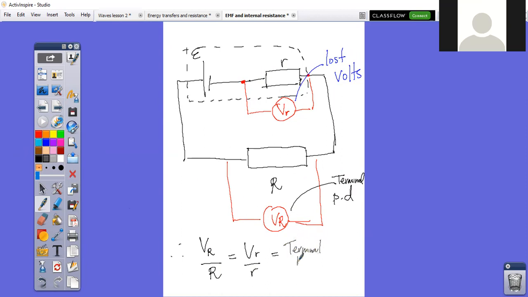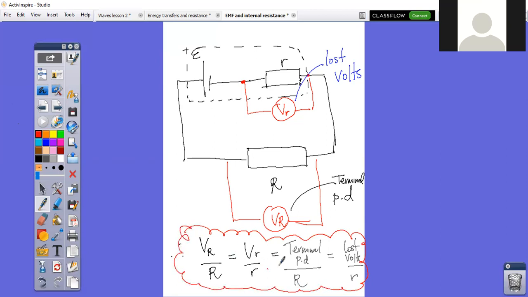Terminal PD over external resistance is equal to lost volts over internal resistance. If you can remember this, these formulas are not given in your textbook. These are just quick shortcuts for working with problems involving internal resistance. More efficient as well. You will not be given this formula, but if you can remember it, you've done yourself a big favor, Tom.